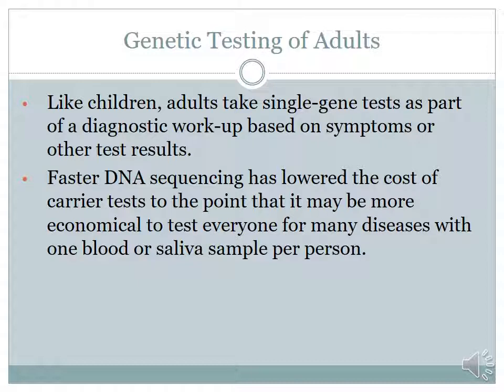In looking at genetic testing of adults, like children, adults take single gene tests as part of a diagnostic workup based on symptoms or other test results. They may also take genetic tests to detect increased risk of developing a particular cancer, such as a BRCA test.